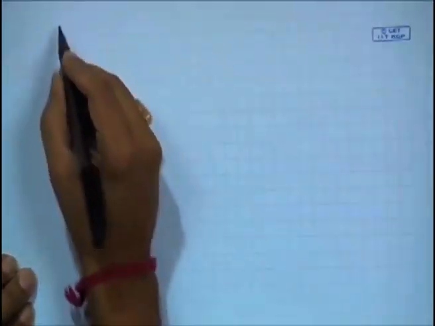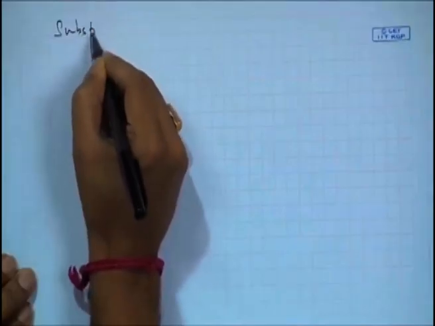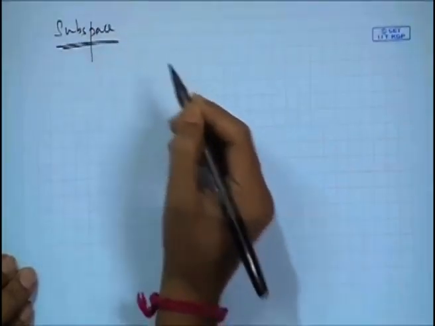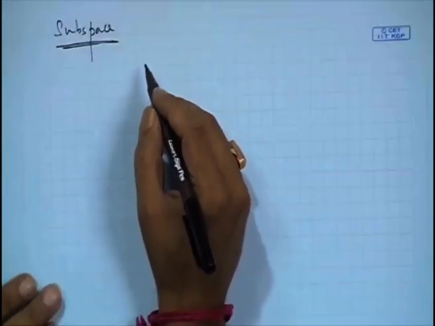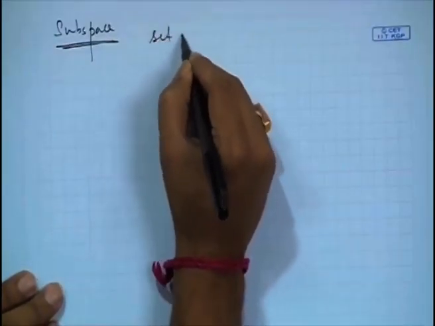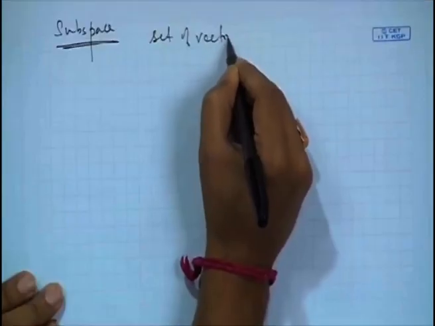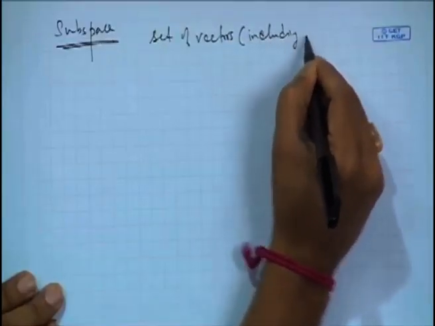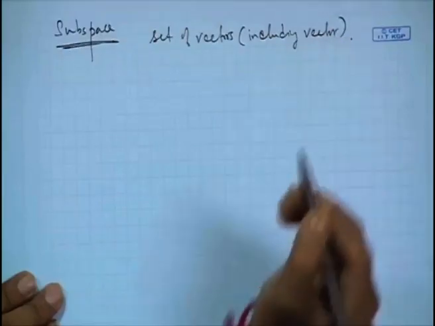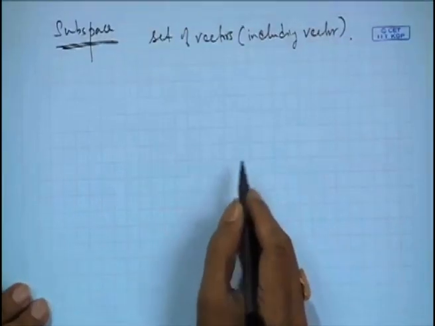We have the subspace concept. A subspace of a vector space is a set of vectors, including the 0 vector, right? It basically contains two tenets.